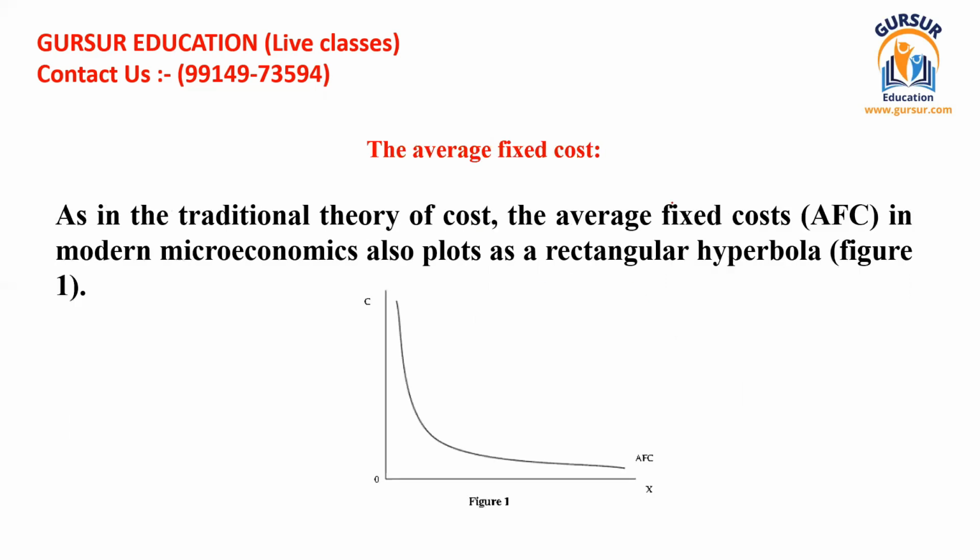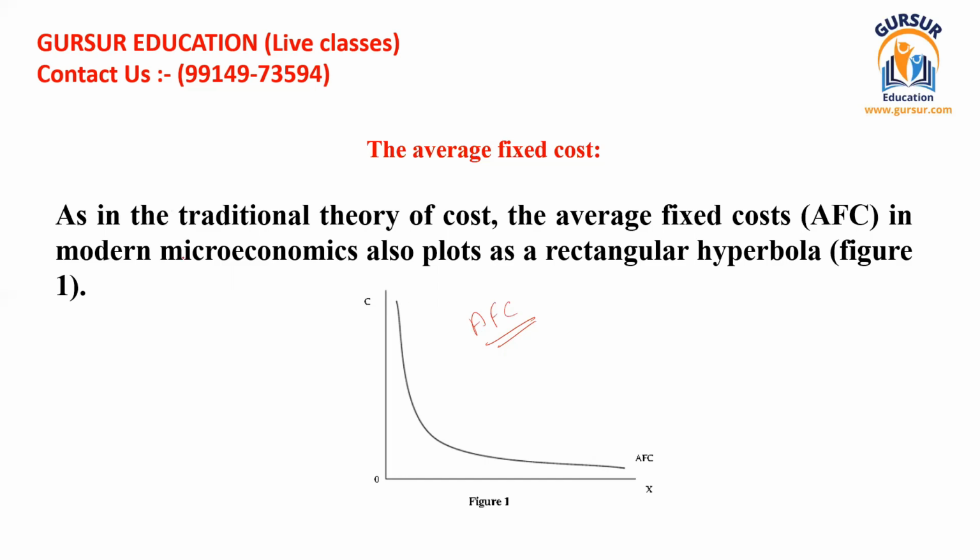Now you can see here, the average fixed cost will have the shape of a rectangular hyperbola in the case of the modern theory of cost. This is the shape of average fixed cost in the case of short run cost curves.